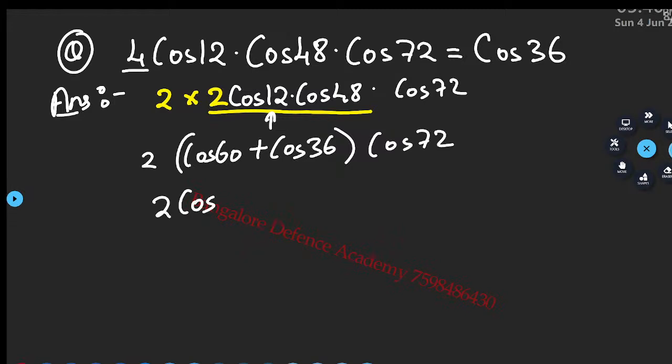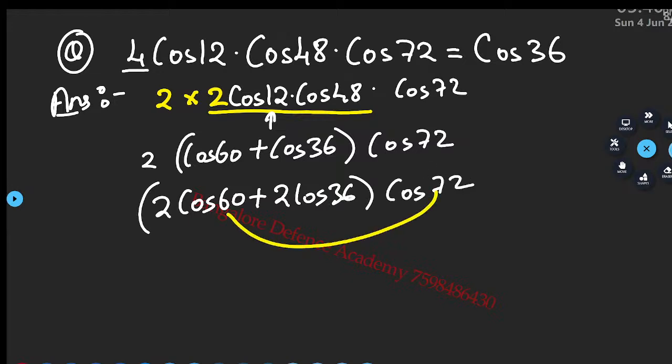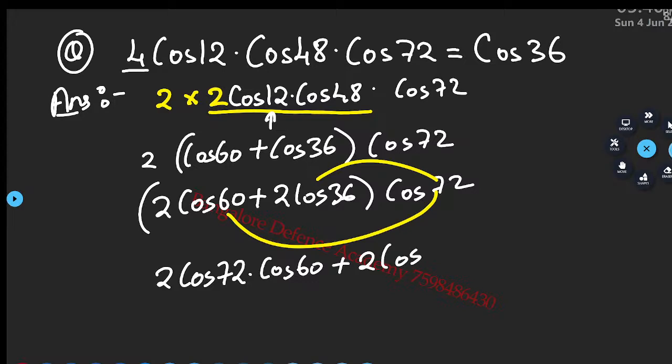This is 2 cos 60 plus 2 cos 36 bracket, and what is in here? Cos 72. Now can I multiply cos 72 here? Right, now what happens? 2 cos 72 into cos 60 plus 2 cos 72 into cos 36. Did you understand this step?